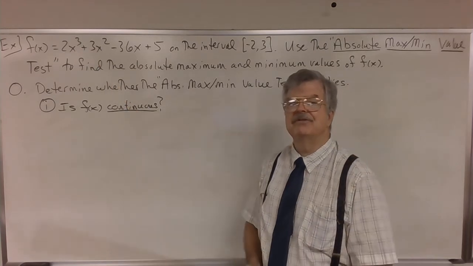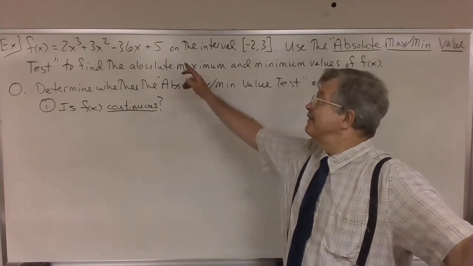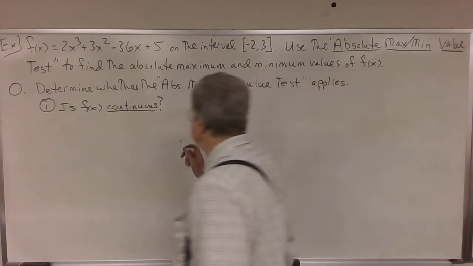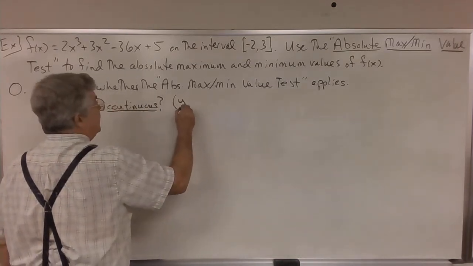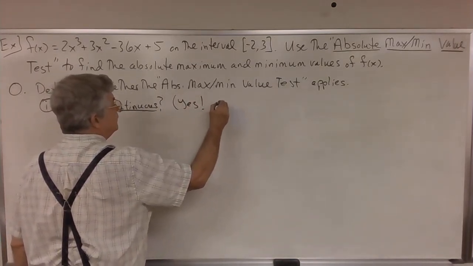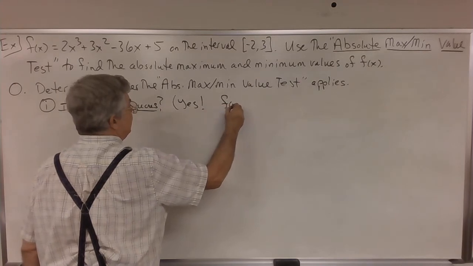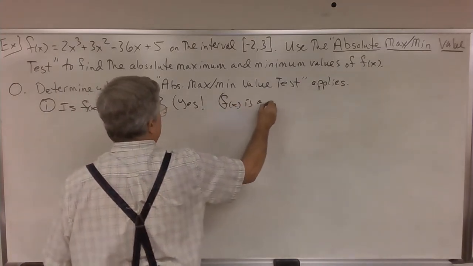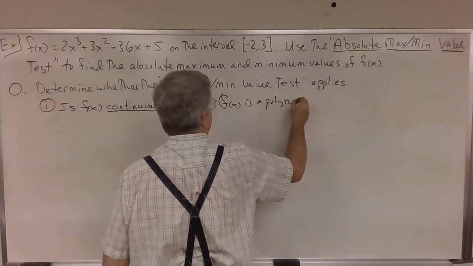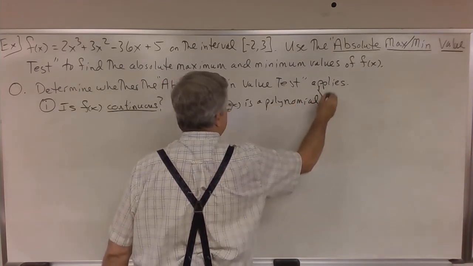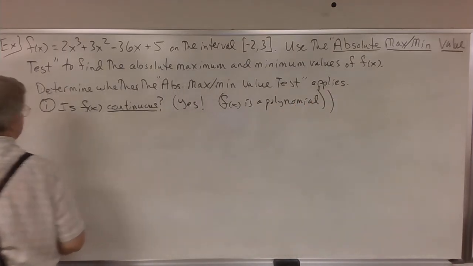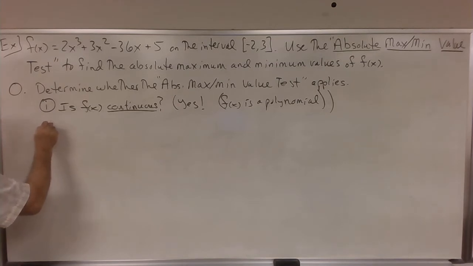All polynomials are continuous. Therefore, this is continuous. So, yes, f of x is continuous. F of x is a polynomial, so we know that it's continuous.